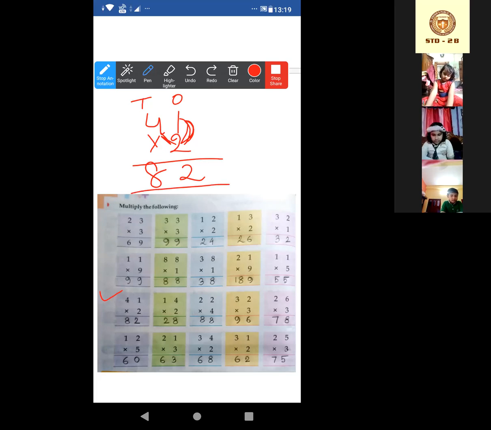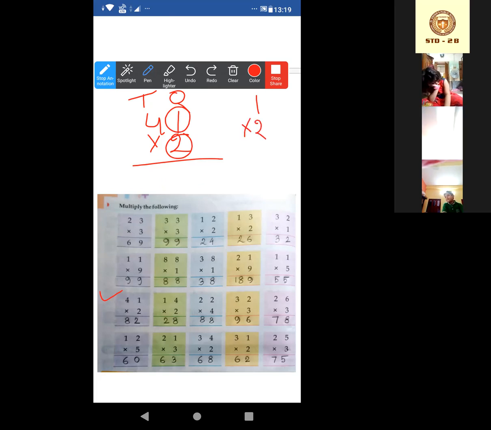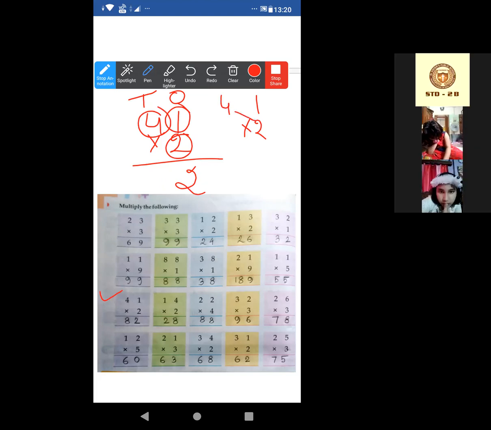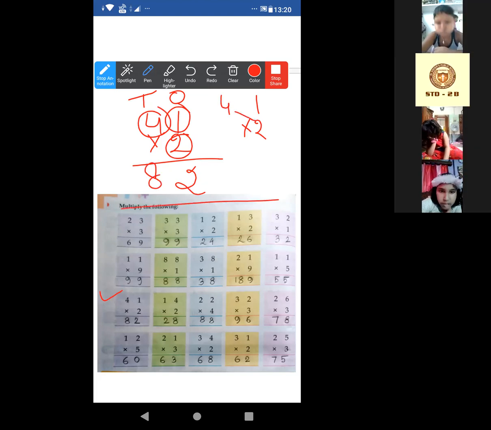The same thing too. At first, we have to multiply by this 2 to 1's place. First 1's place, then 10's place, right? In 1's place, it is 1, so 1 into 2 is 2. Then in 10's place, it is 4, so 4 into 2 is 8.